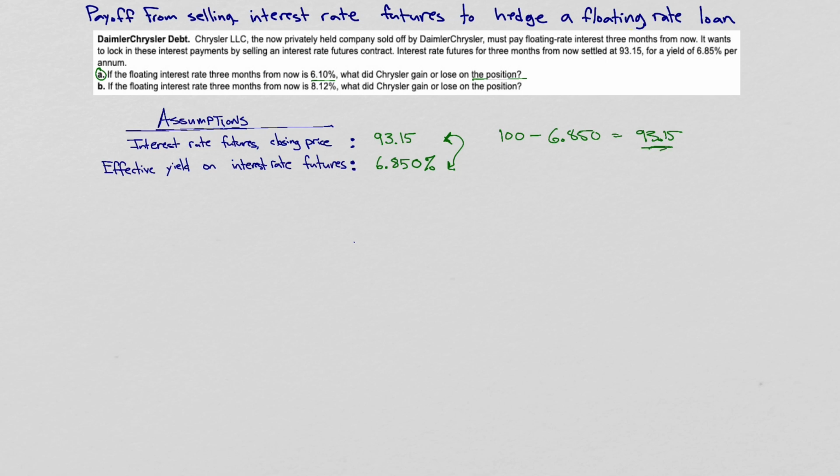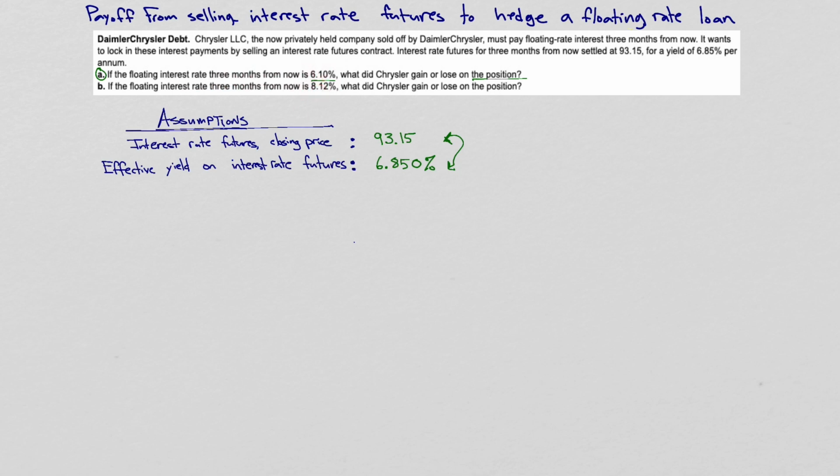If the interest rate in the market goes up, so if yields go up, then you can see the price of the interest rate futures contract falls. It's that inverse relationship between bonds, which are interest rate securities, and prices that exists here for interest rate futures contract prices as well.